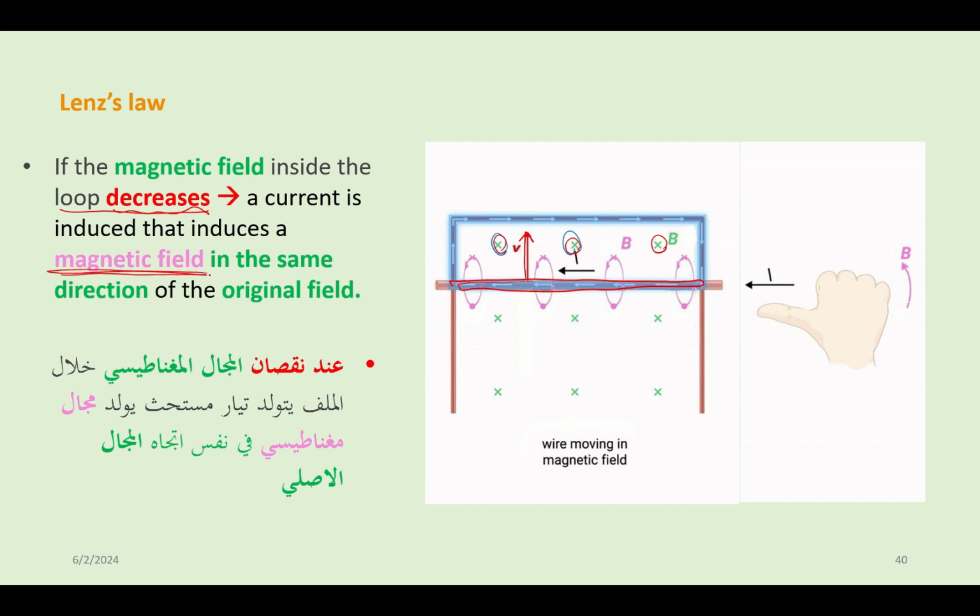And this new magnetic field will be in the same direction as the original one. So when the magnetic field through the coil decreases, an induced current is generated, and this current produces another magnetic field in the same direction as the original field.